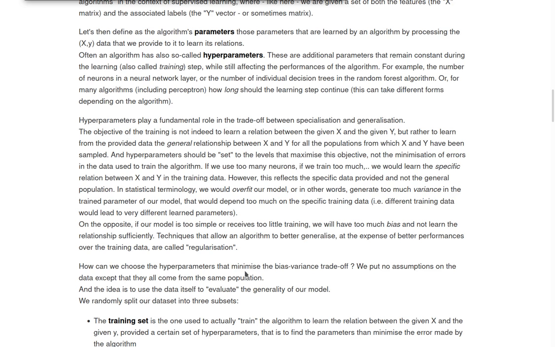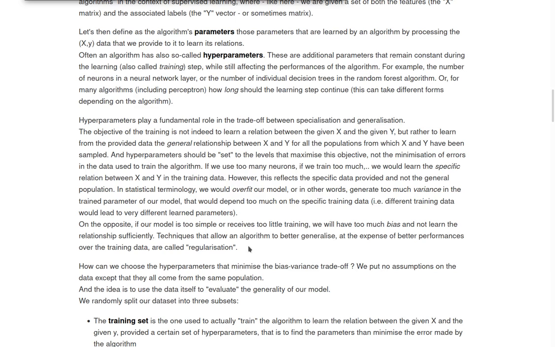And these techniques that we use in the algorithm are called regularizations and will take the form of some hyperparameters that work on this trade-off between bias and variance.